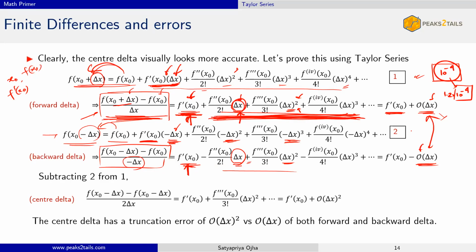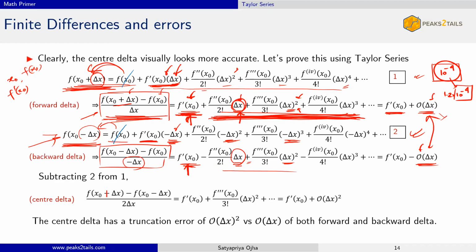So this is equation 2. This is equation 1. Now there is a typo. I will correct this. So this is plus. Subtract 2 from 1. So if you do minus this, okay, what will happen is, let me use another ink, it's becoming a little cluttered.